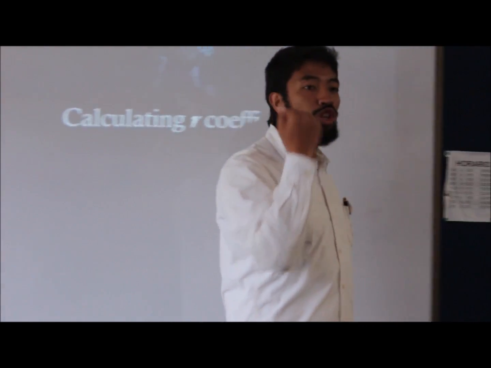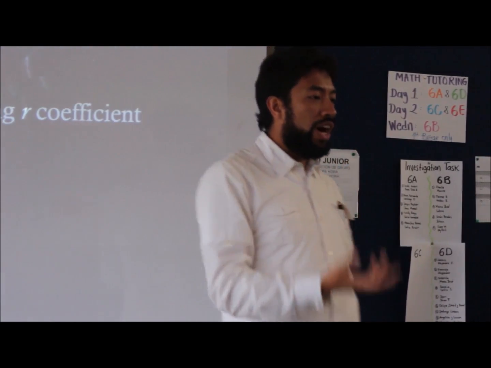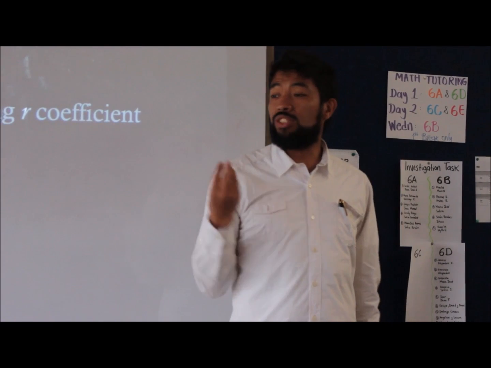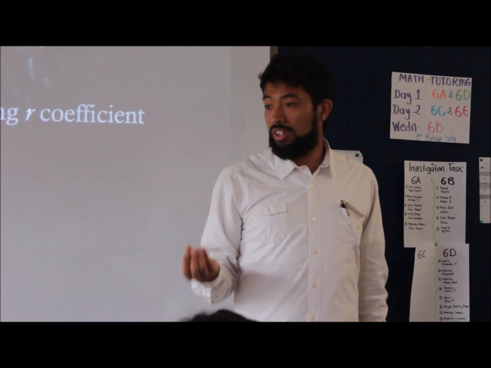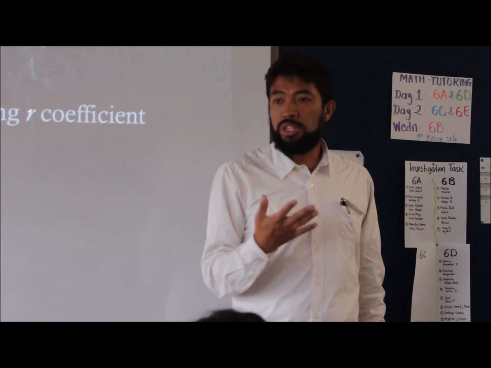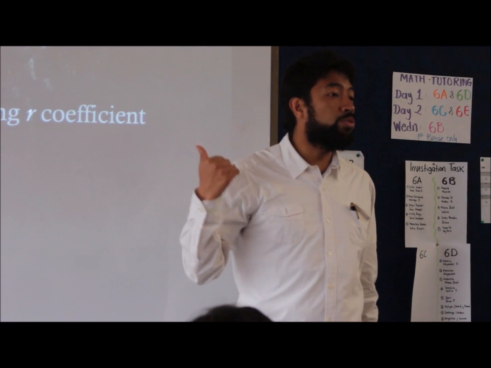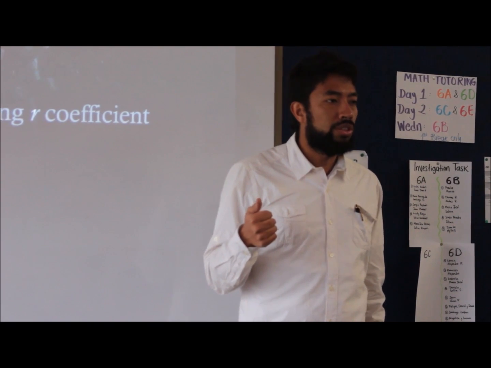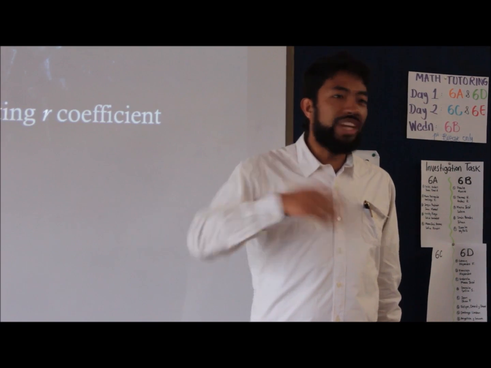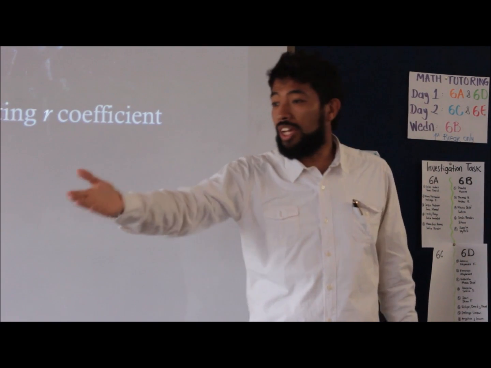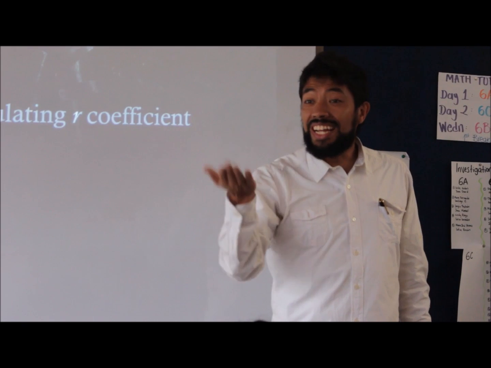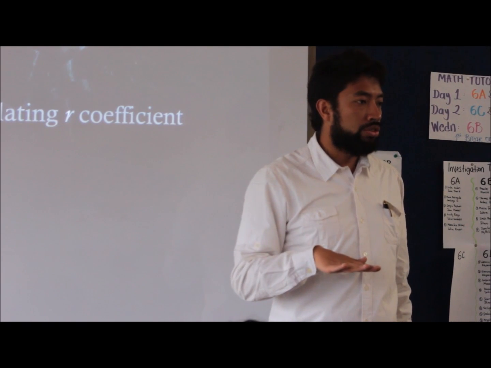To see if there is a correlation, to find if there exists or not a correlation between variables. In this particular case, what kind of correlation? Because it is not any correlation. A linear correlation.